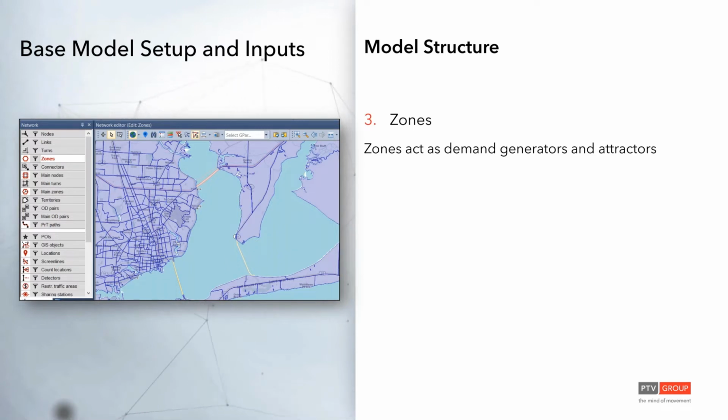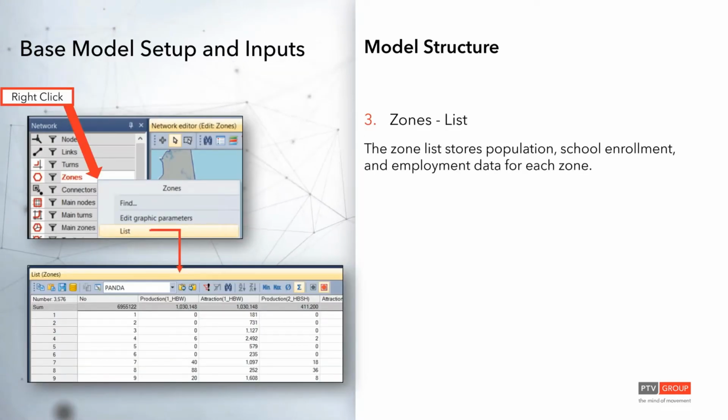So you're going to be assigning various attributes to your zones, which may include population, enrollment, employment, housing, tourist attractions, things that will generate and attract your demand.